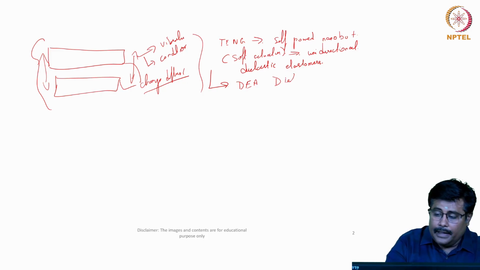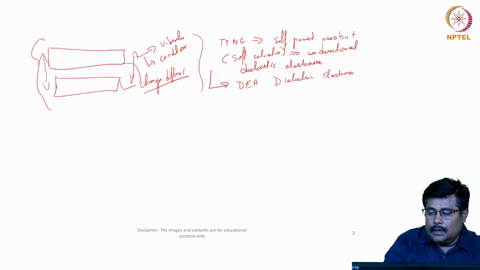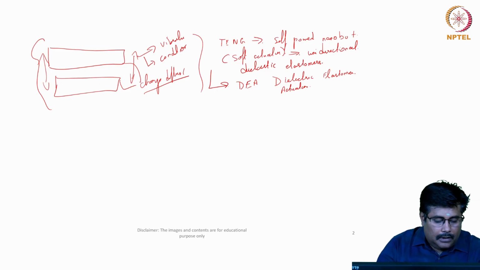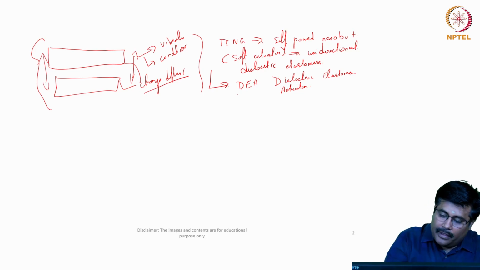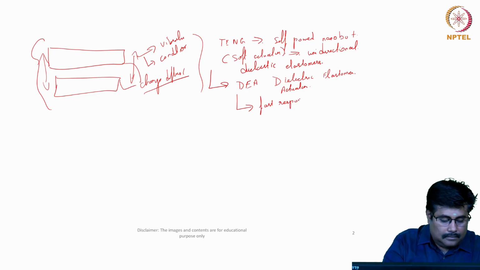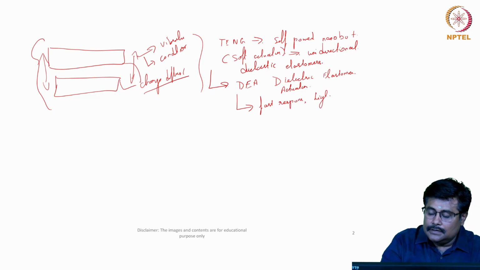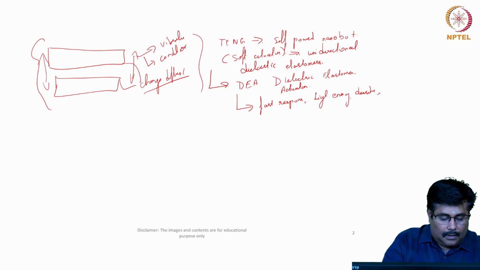actuator. These are an emerging class of soft actuators with the advantages of a fast response and high energy densities, and it almost resembles human muscle.